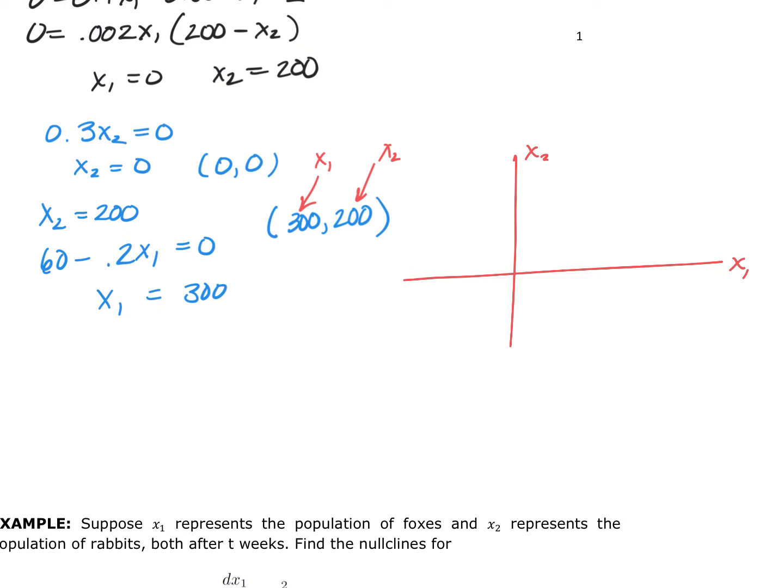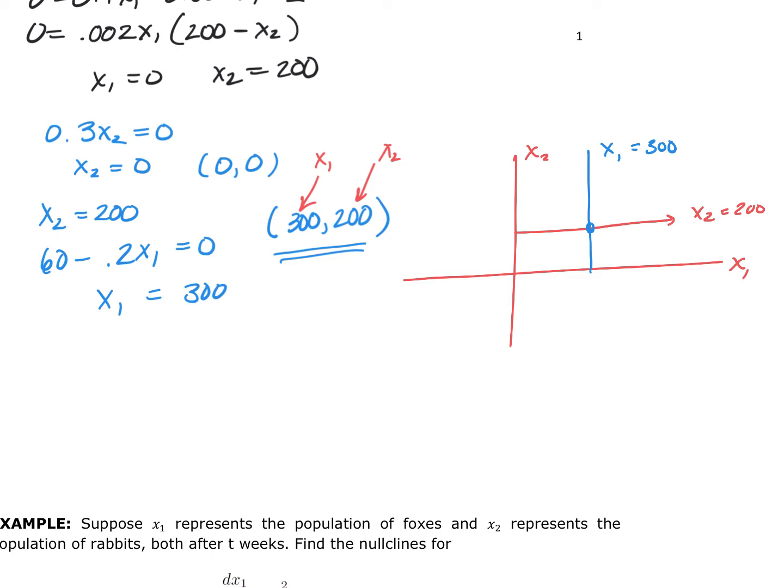If I were to graph the null lines, I have this line, which is x sub 2 is equal to 200, and I have this line, which is x sub 1 is equal to 300, and right here is that point of intersection.